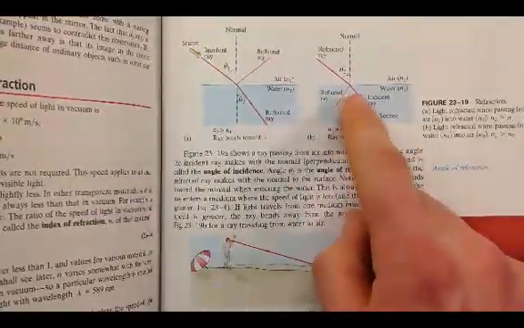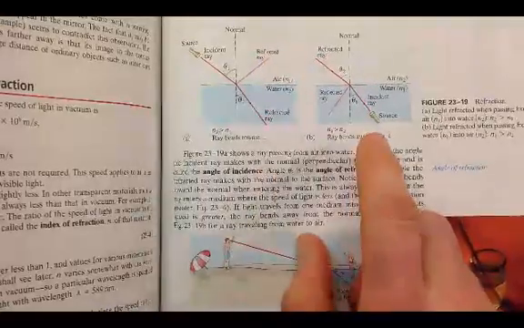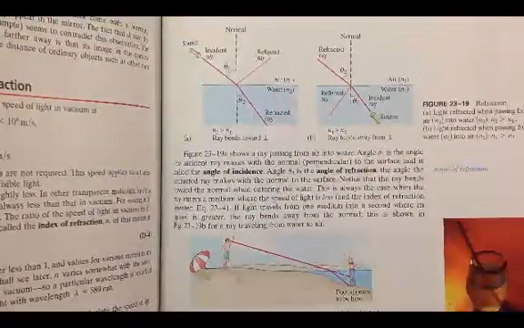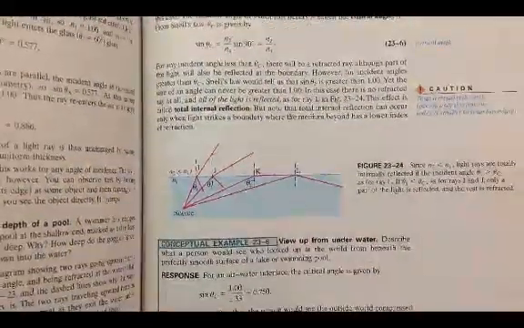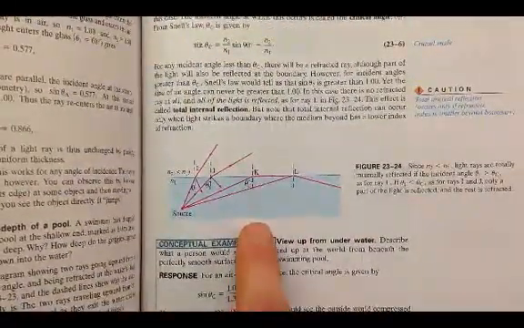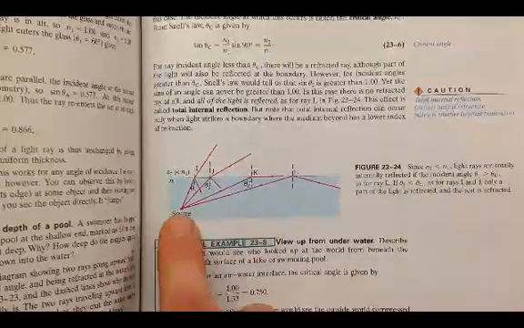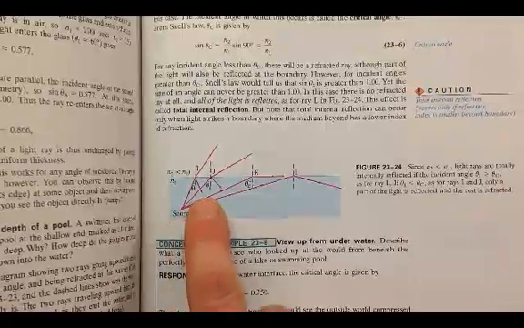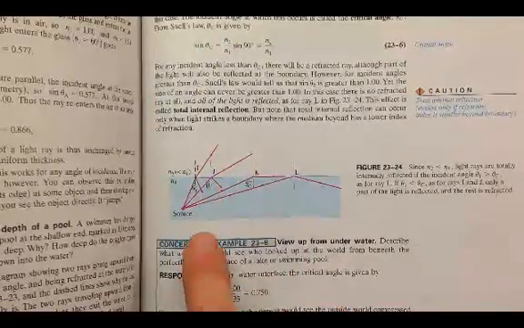Now, some of the light will be transmitted from the water to the air, but some will be reflected also. And there's a special angle that occurs, and it's called the critical angle. So let's say I have a source of light. Well, this light is bending away from the normal. Here, this light's bending away from the normal.